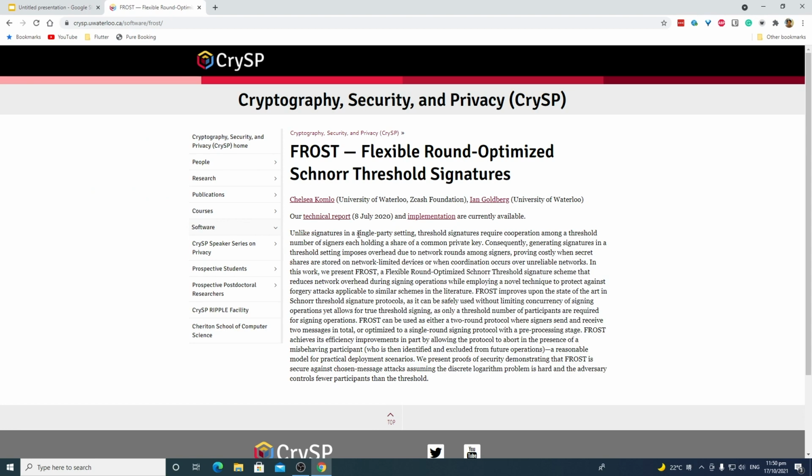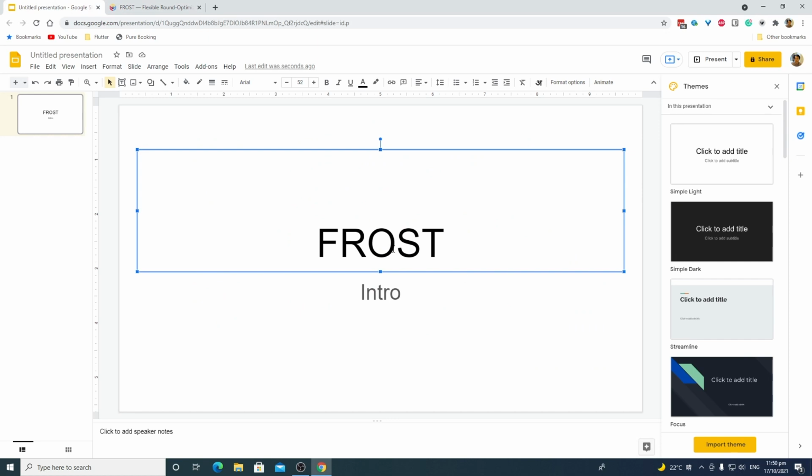That's very interesting in the context of Zcash, which does not have multi-signature or threshold signatures, and this would allow us to add this functionality to Zcash or anything that is similar to Zcash.